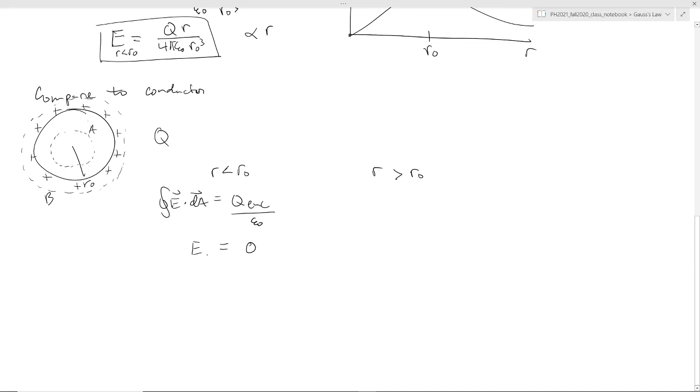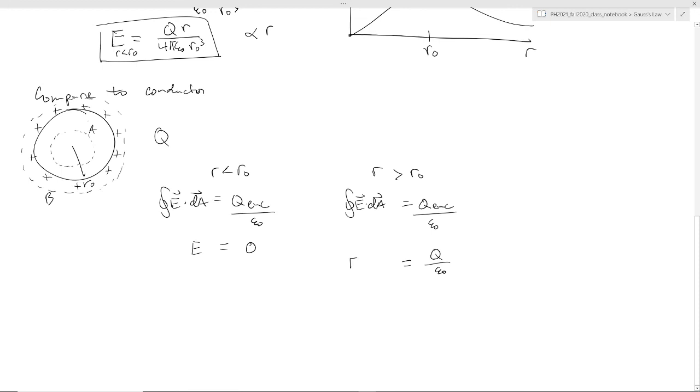In contrast, outside of this thing, when we're out beyond r naught, this becomes the same familiar problem. The enclosed charge is now just the total, whatever's on it, Q. And again this is the same situation where we have a spherical distribution and use a sphere concentric with it as our Gaussian surface outside of it.